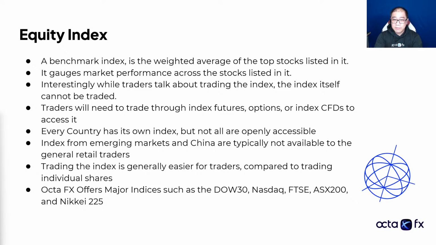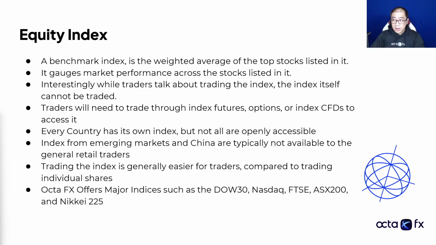You can trade CFDs because you are trading the contracts for the changes in prices on the index itself. It can be done through index futures. It can also be done through options, but mostly through CFDs, and that's probably the easiest way to go about trading equity indices.